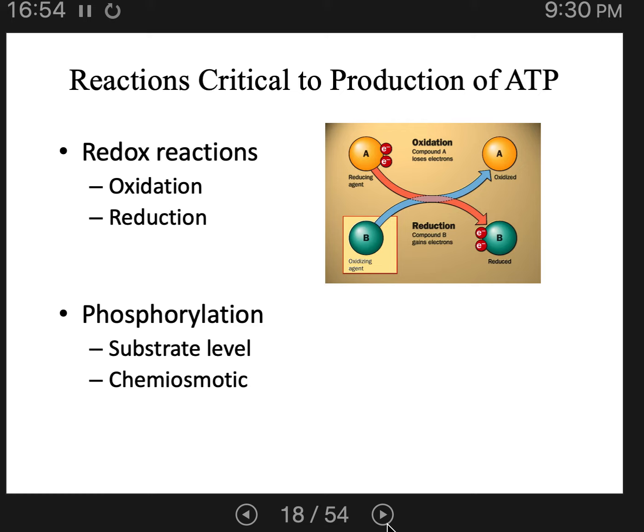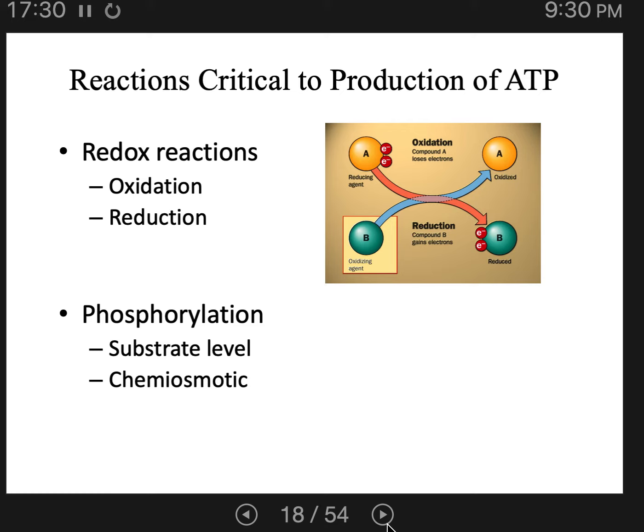Loss of electrons is oxidation. That's Leo. Leo, the lion, goes grr. Grr is G-E-R. Gain of electrons is reduction. Okay. You can also remember oil rig. Oil, O-I-L. Oxidation is loss of electrons. Rig. Reduction is gain of electrons. Right? So that's redox reactions.